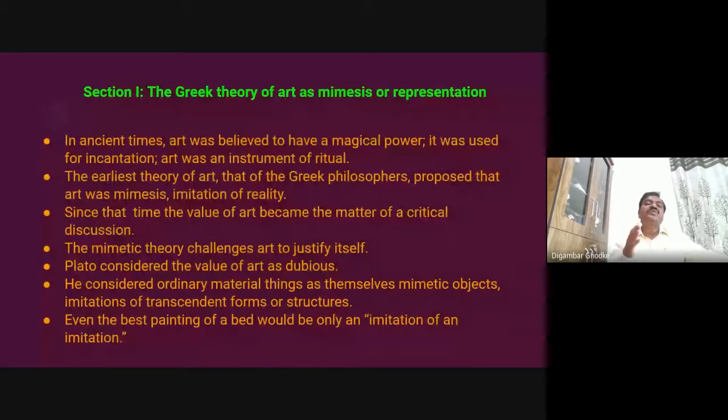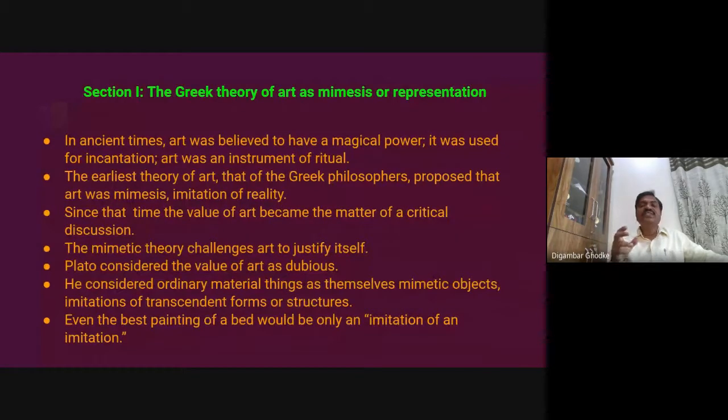and it was used for incantation. Incantation means taking the name of God and worshipping God. In the Indian system we have shlokas. Similarly, art was used as a kind of incantation. It was an instrument of ritual.